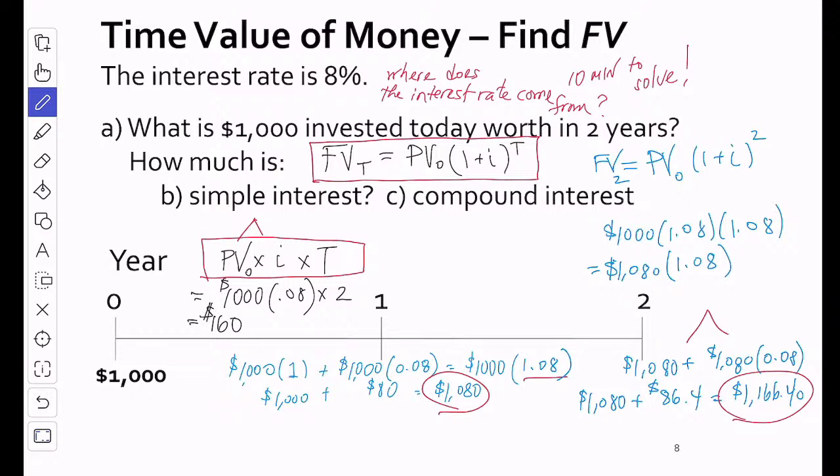So simple interest ignores the compounding effect, and it gives you an idea of how much. It's a real quick way to calculate the interest you can expect. If you don't have a calculator and you just wanted to make a mental note, just take 1,000 times 8% times 2, and that will give me the 160.